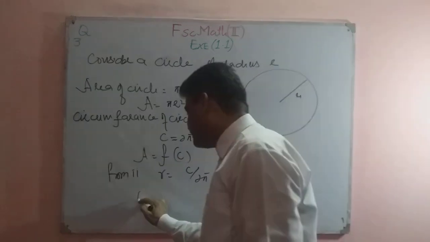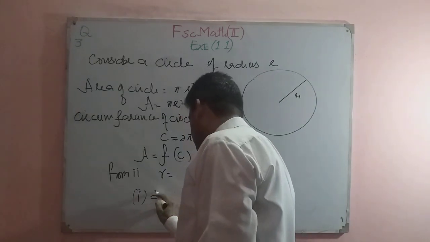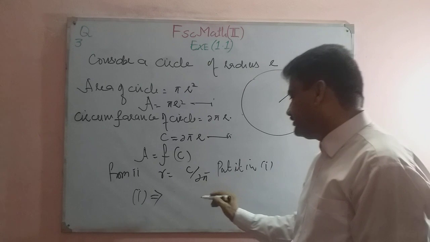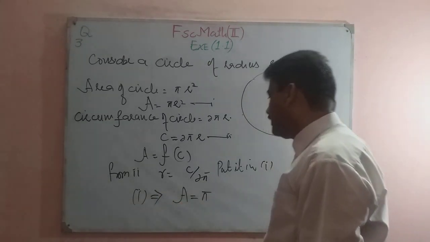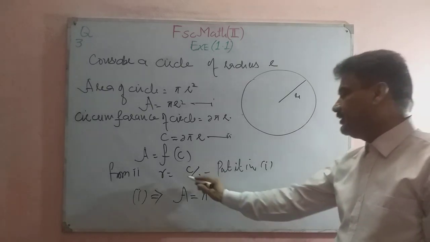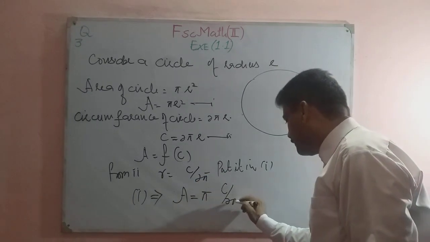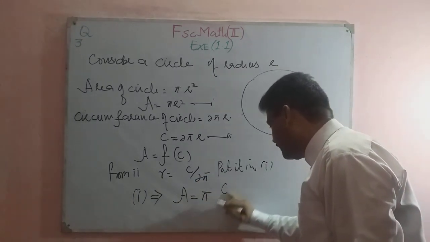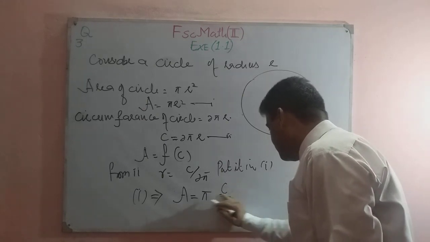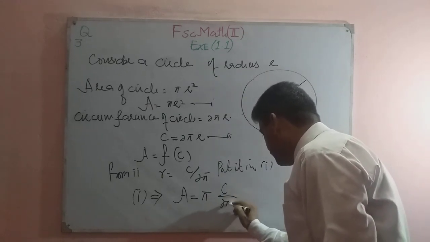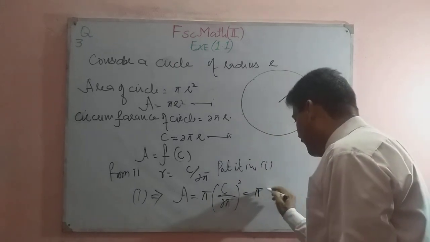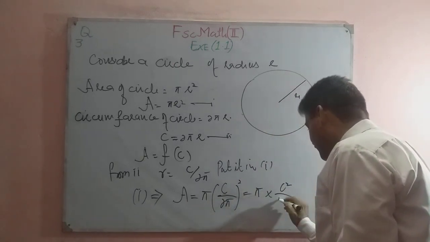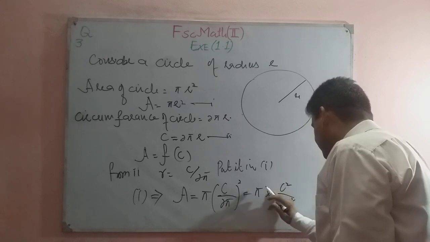Relation 1 implies that A is equal to pi r square. R square means c by 2 pi whole square. We write pi multiplied by c square by 4 pi square.